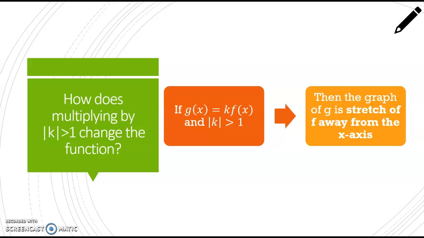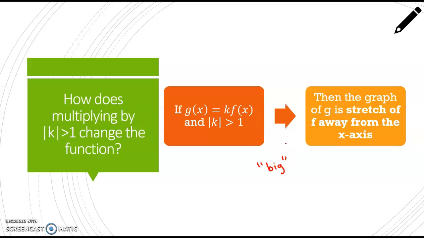So here's the summary for this one. If the absolute value of k is bigger than 1, then the graph is a stretch away from the x-axis. So if g is k times f of x, that stretches it away from the x-axis. This is for what I call big K, but I'm putting big in quotation marks because it's also true if you have a negative k.